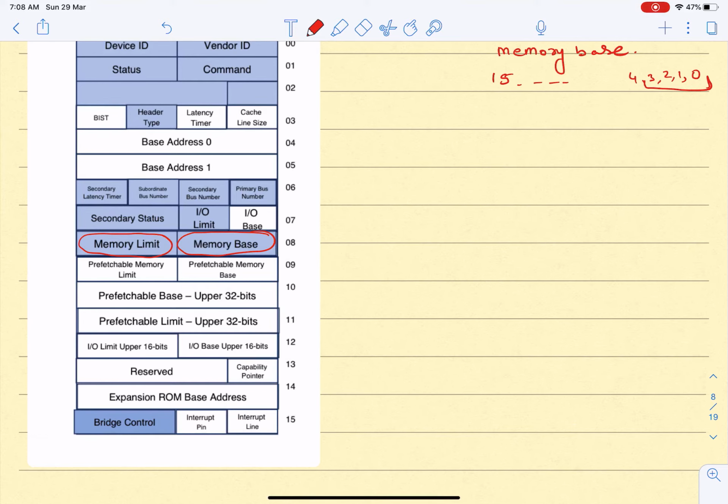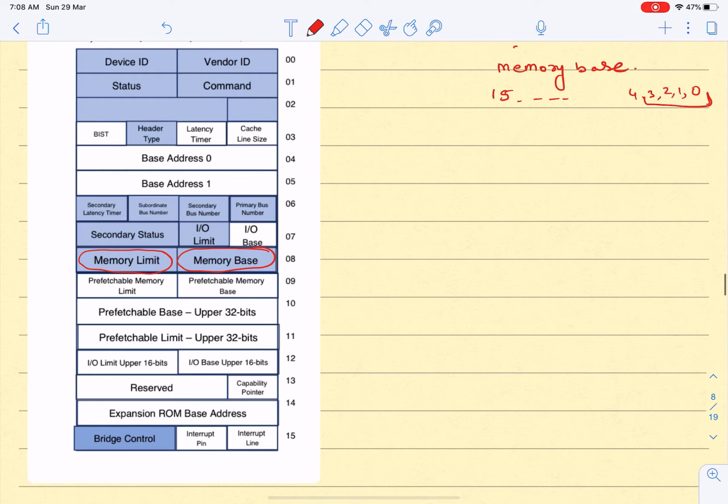And for memory base, which lies in 32-bit address space and non-prefetchable, this should be 0. Okay, and let's suppose that we are getting a value here something like 1 1 1 1, this is 15, this will become 12, and 0 0 0 0, it will become 7 8, and 1 0 0 0.